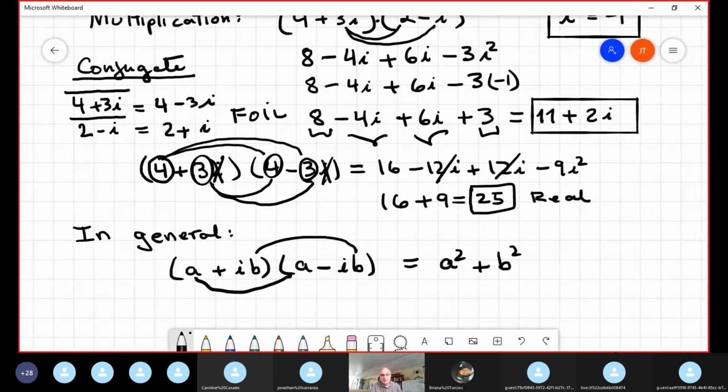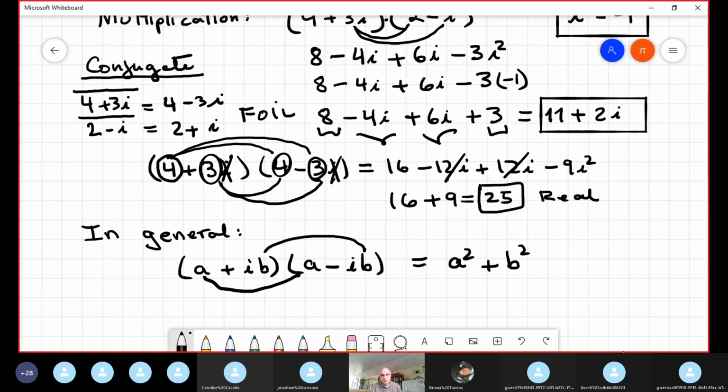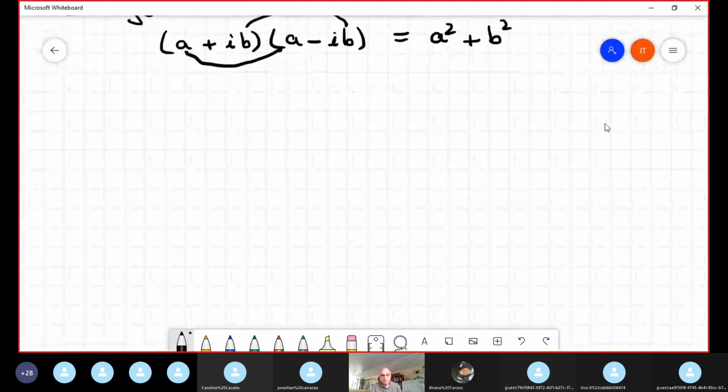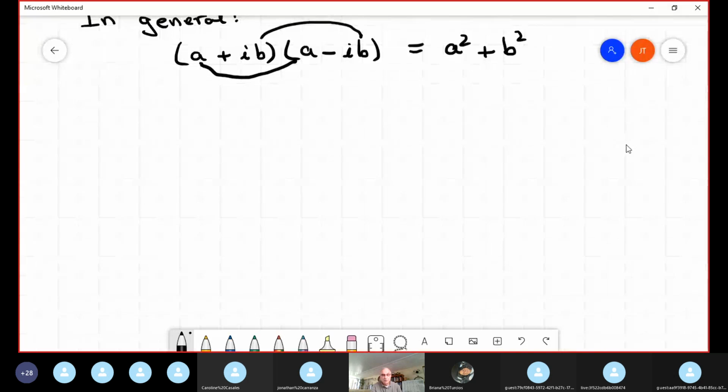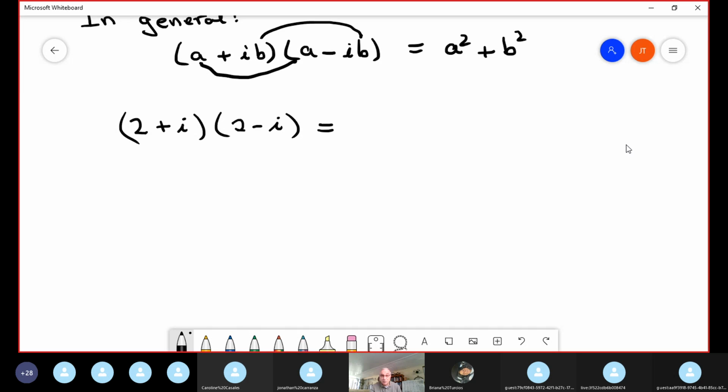Okay, let me present the example. In the example, you try a little bit more, okay? Suppose you multiply 2 plus i times 2 minus i. In this case, we discover one is the conjugate of the other.